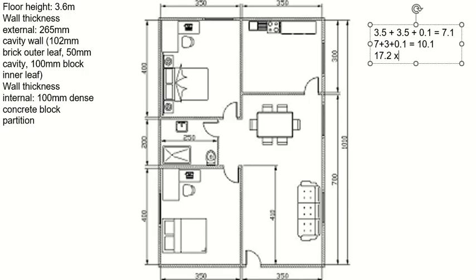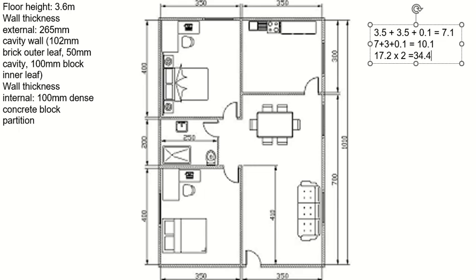And that multiplied by 2 for both sides, and that will be 34.4. Clear? Any questions? Do I need to add anything into this? This is a simple plan, a rectangle. There is no other thing required now. So this is the total internal girth, 34.4 meters.